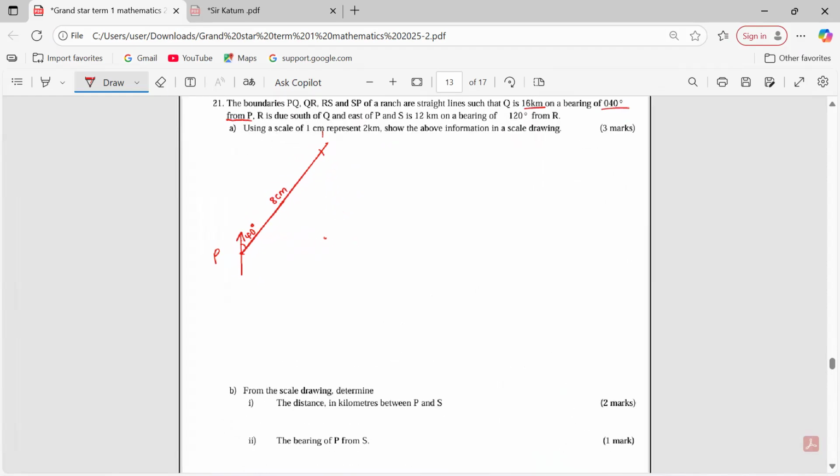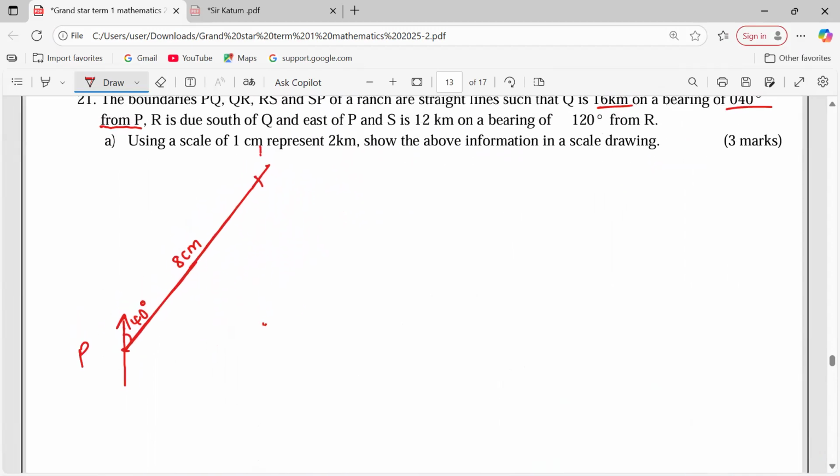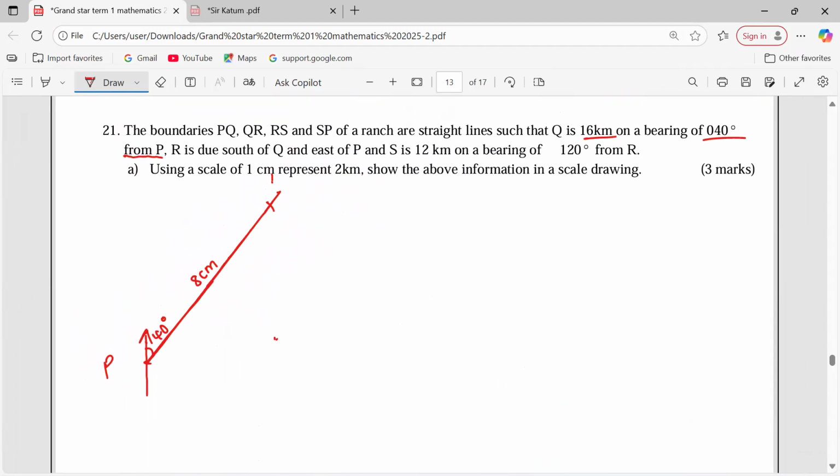And that is the secret of being very accurate when it comes to bearings and distances. So for you to be very accurate, just ensure that you raise another compass there, which is very parallel to the first one, by transferring the acute angle to a point like that. This becomes our point Q.